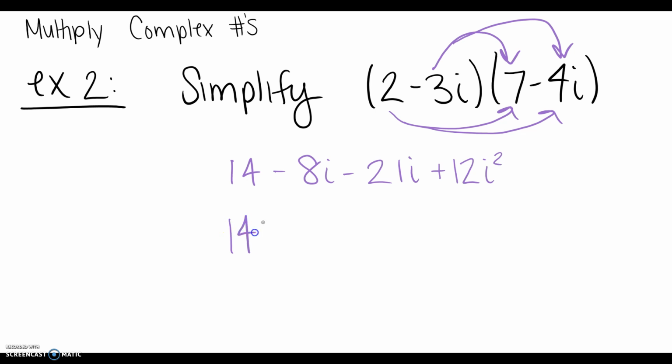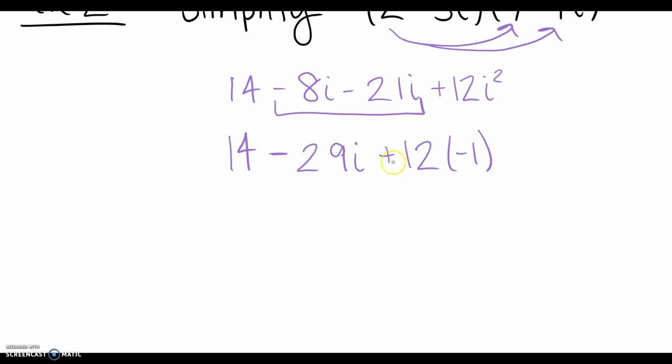So first thing we should do is combine our like terms. So -8i minus 21i will be -29i. And then you need to remember what we did on the other page. i squared is the same as -1. So this isn't going to be positive 12, it's going to be -12, which you can actually go straight to writing as minus 12.